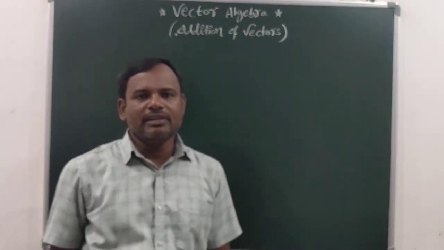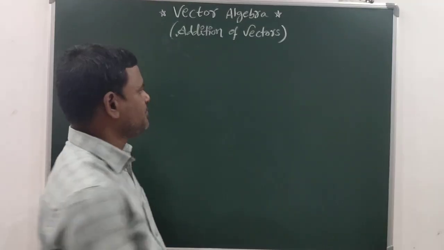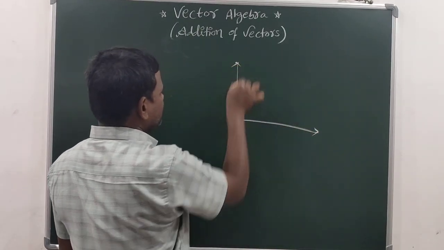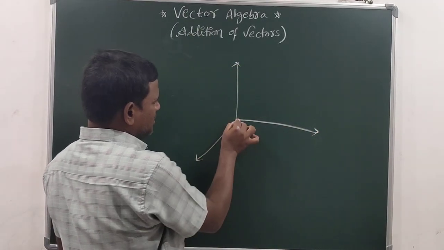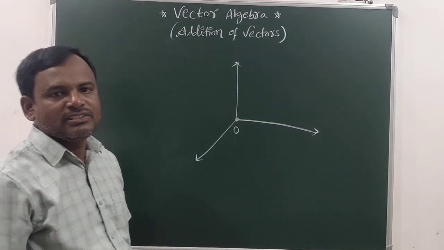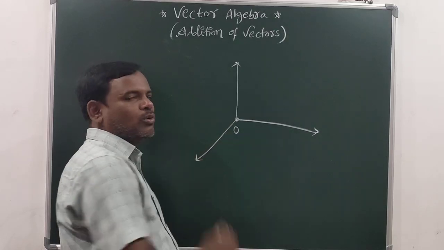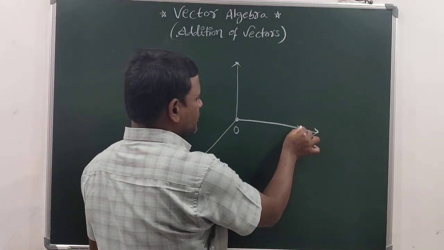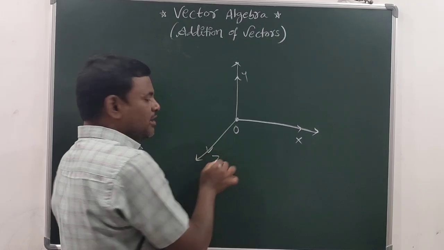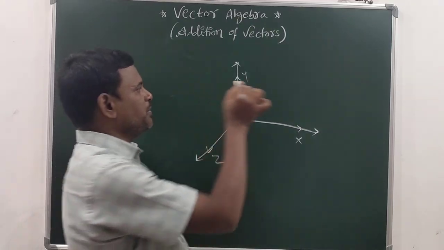Now let us fix O, a point at the origin. Let us assume this 3D like this. So this is the origin. Fix a point O at the origin and consider a point P in the space.